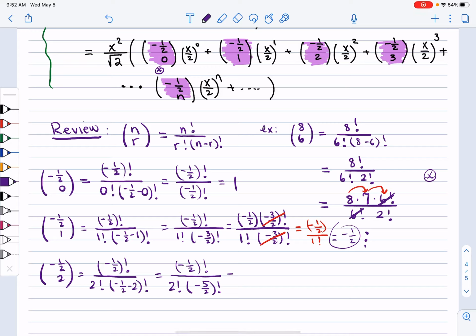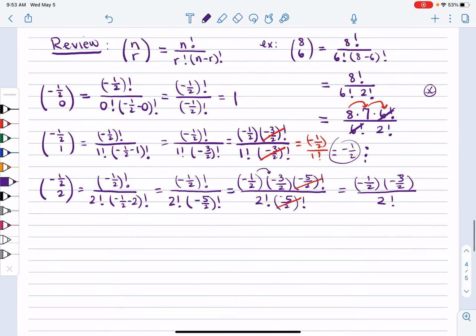And we can simplify this to be negative 1/2, negative 3/2, because remember we're subtracting 1, negative 5/2 factorial over 2 factorial, negative 5/2 factorial. And this can simplify, and we can say that that is equal to negative 1/2 times negative 3/2 over 2 factorial.